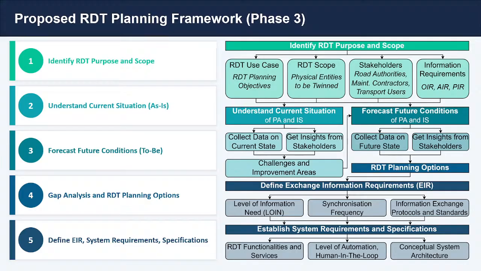To do this, we compositionally synthesized the steps, and to decide what to include, we used analogical reasoning. So if a step was common to the physical asset planning process and the information system planning process, then we deemed that it was to be included in the digital twin planning workflow.